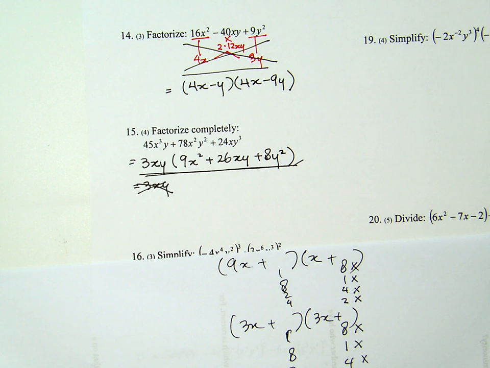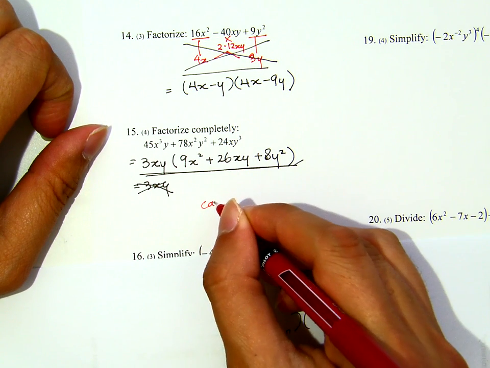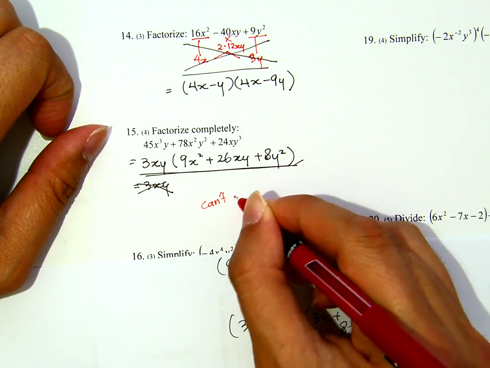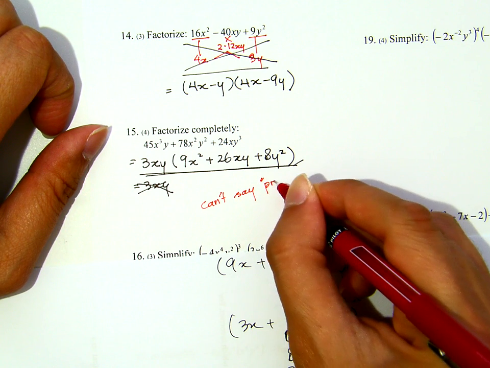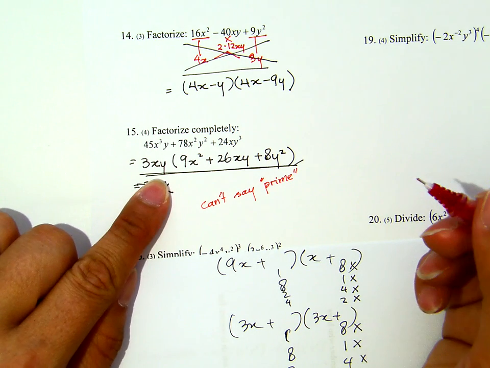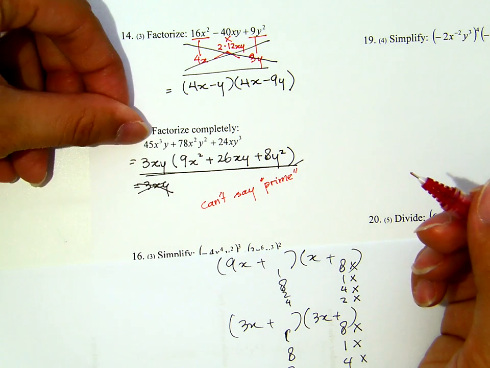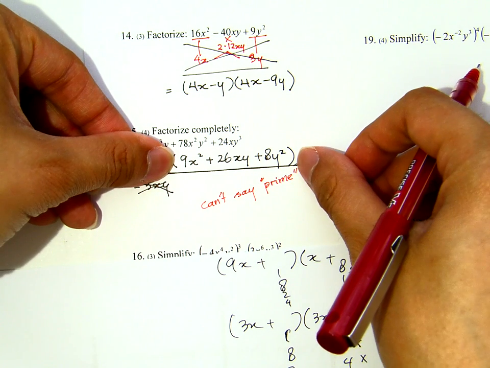Okay. But we also can't say, let me write a little note, we can't say prime or non-factorable. Why? Because we did factorize something. So the expression here is factorable. It's only this part here not factorable further.